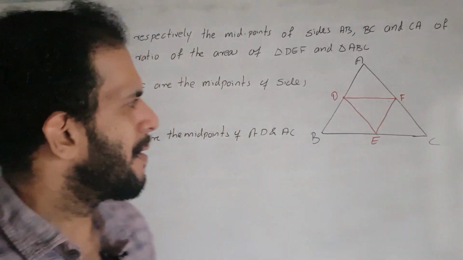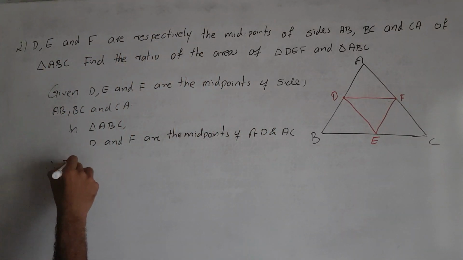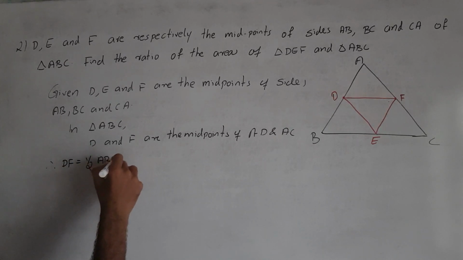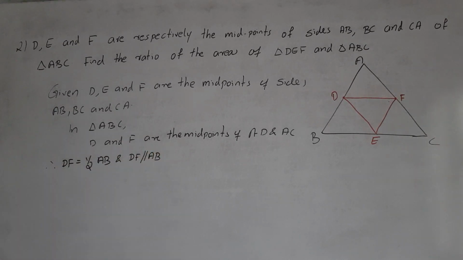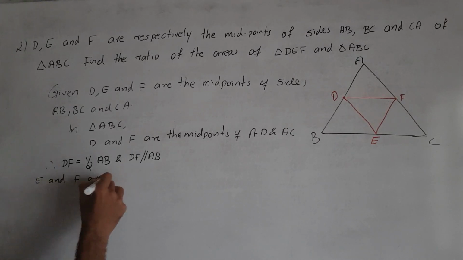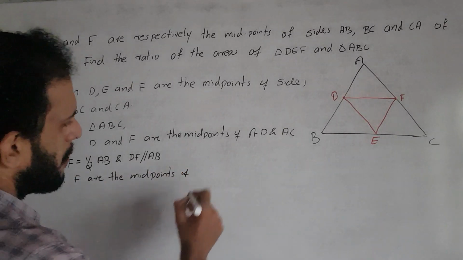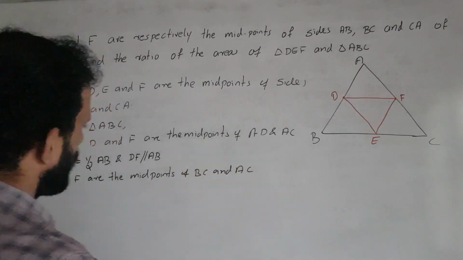So by the same idea, therefore DF is equal to half of BC and DF is parallel to BC. Okay, and E and F are the midpoints of BC and AC.